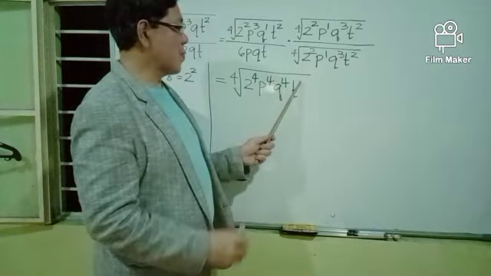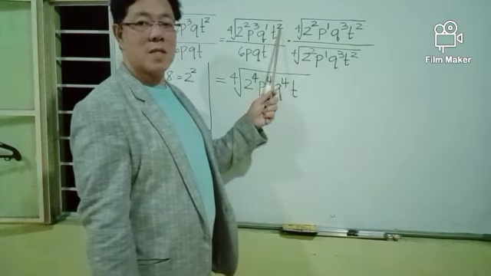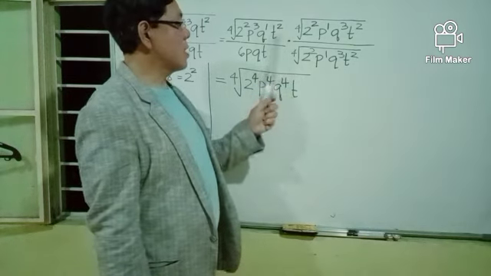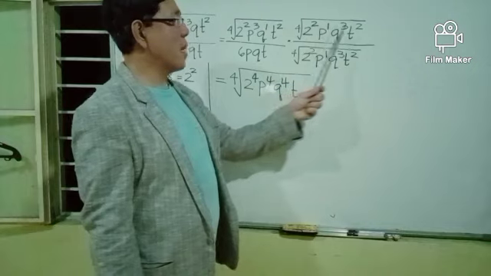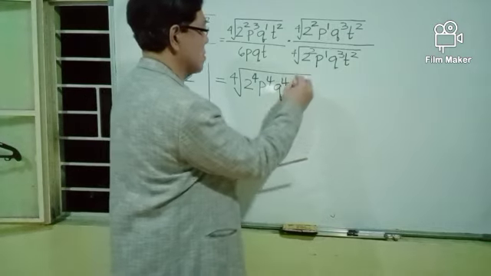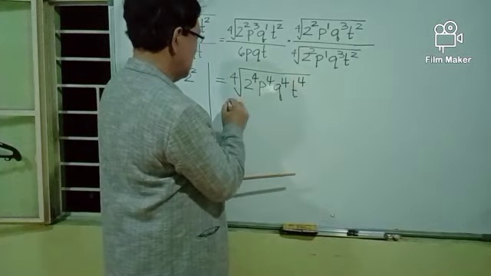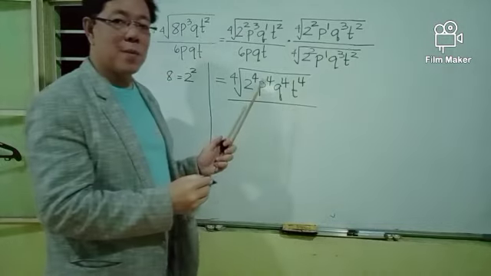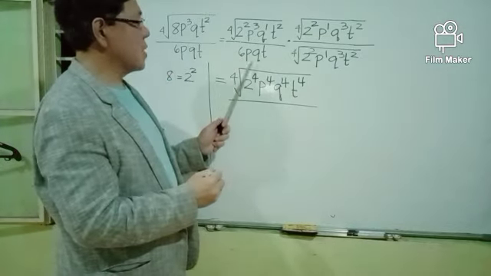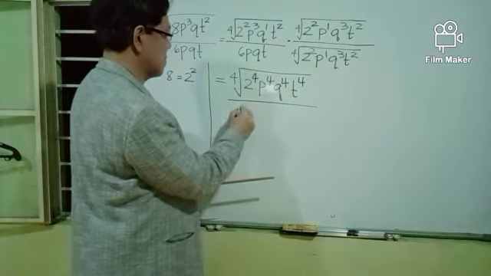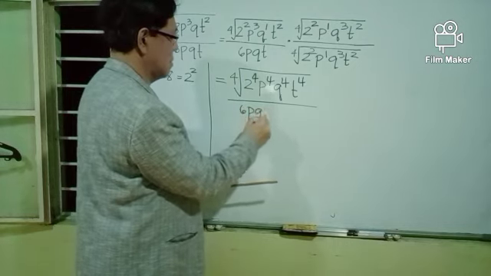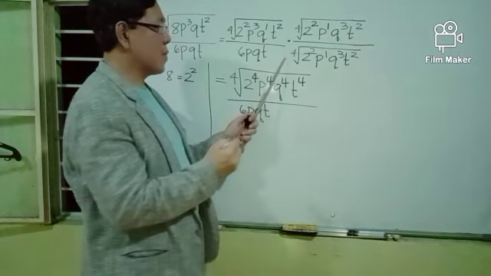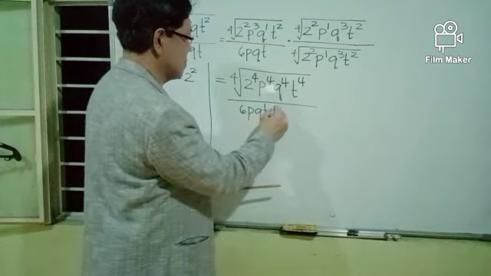And the exponent of t here is the sum of the exponents of t in the radicands. 2 here plus 2 here is 4. Over, multiply the denominators, 6pqt, multiplied by the fourth root.